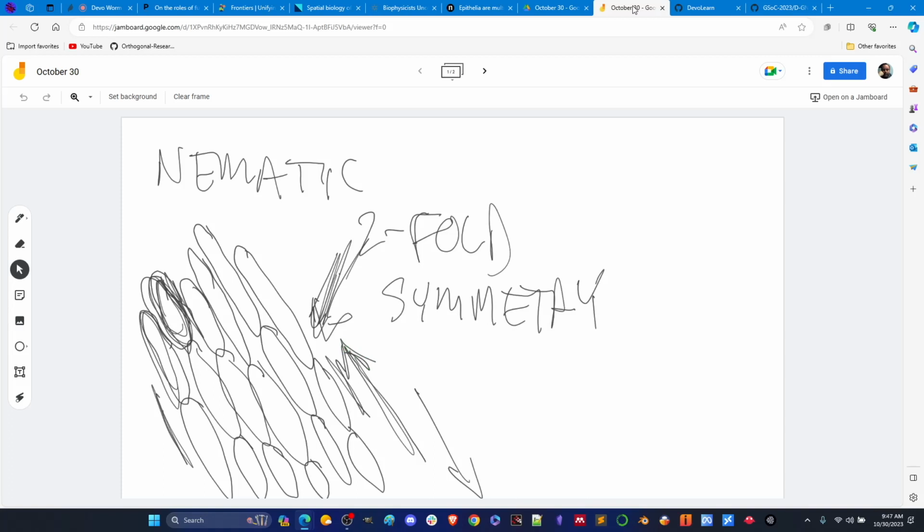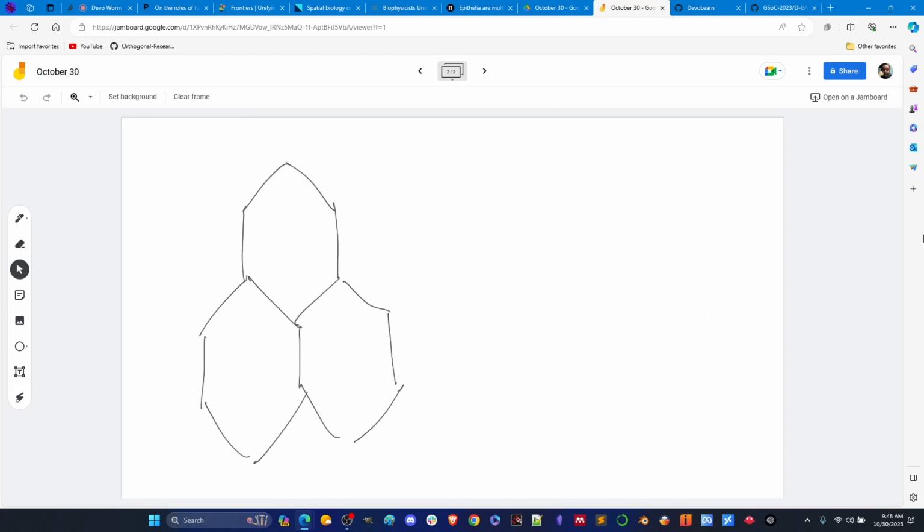Now, hexatic means you have this hexagon. And then you have other hexagons kind of tiled next to it. So you have these hexagons here. Well, let me go to the next one, hexatic. And this is sixfold symmetry.